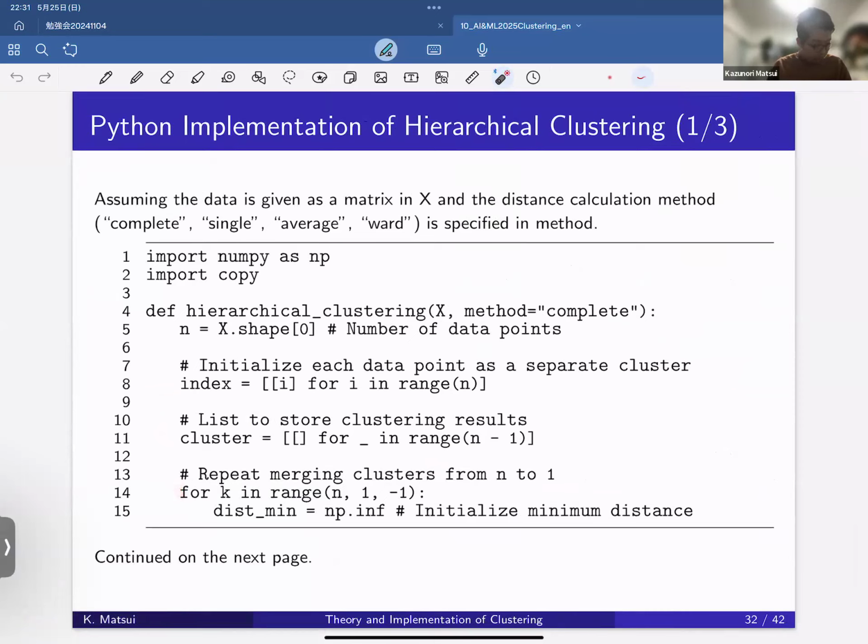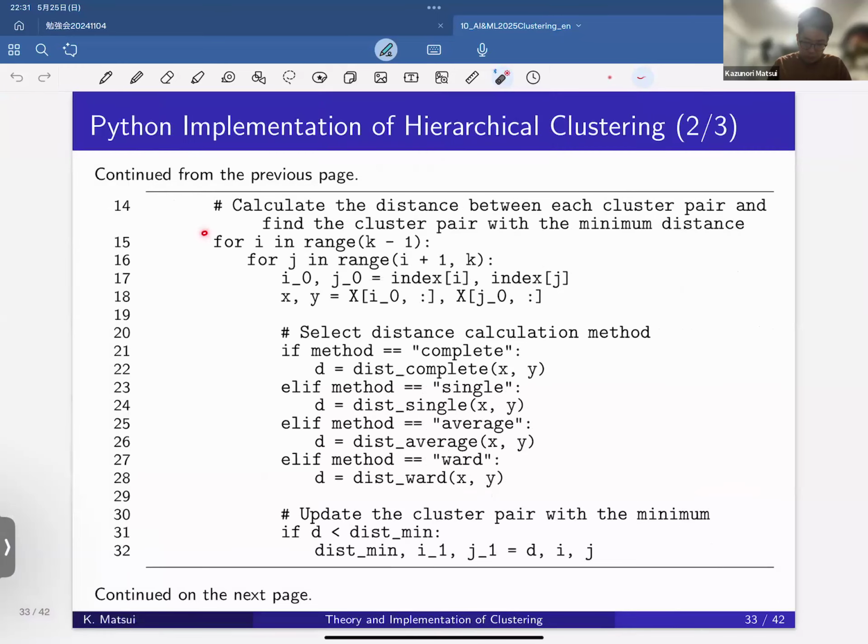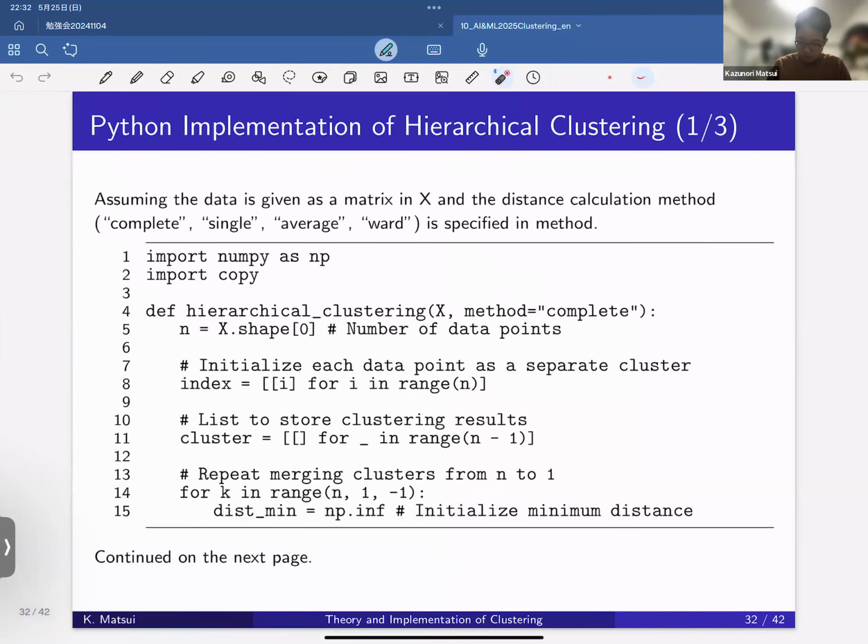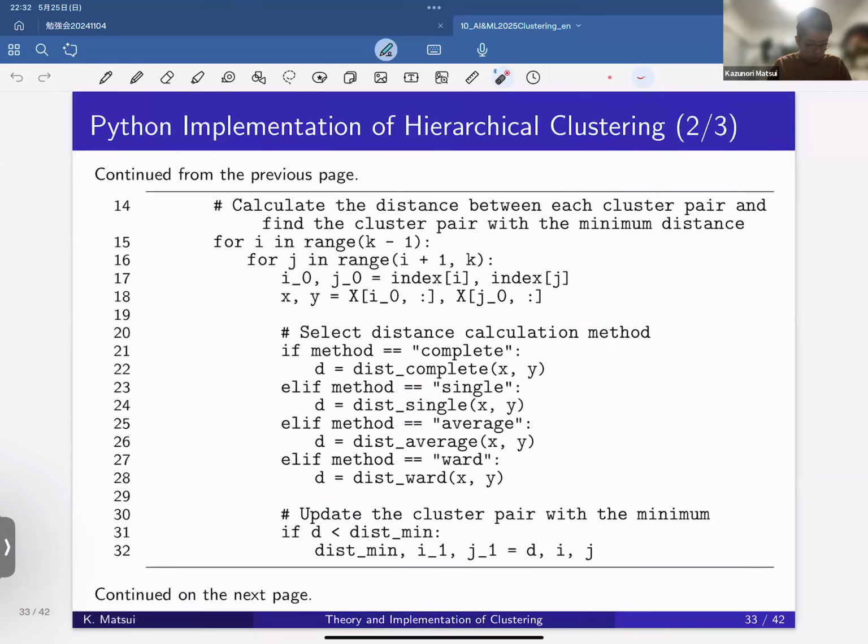First, we initialize the distance to infinity, and for each cluster, we measure the distance between the ith cluster and the jth cluster. Since we specify which method to use at the beginning of the function, we measure the distance between x and y using that specified distance.